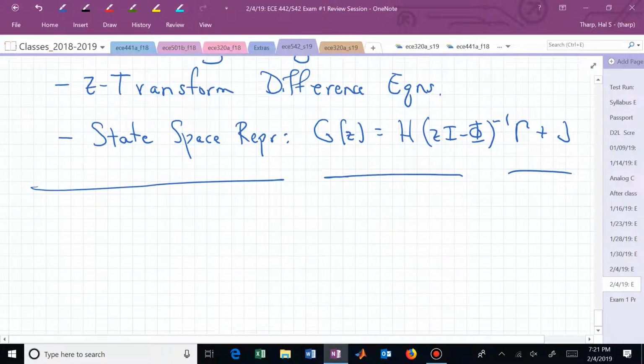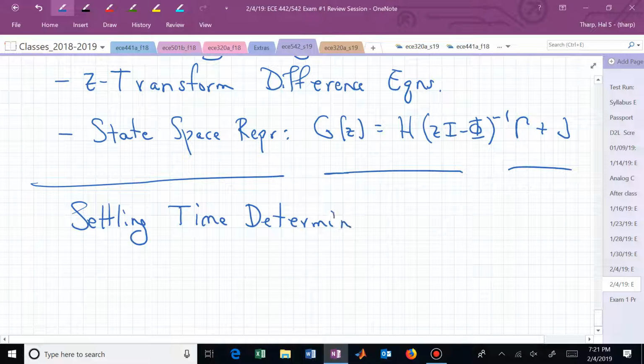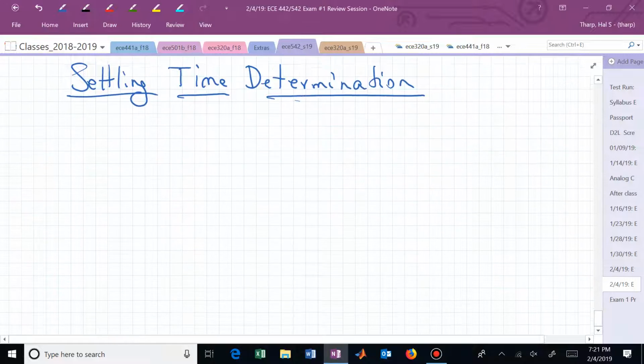I might also give you a problem where you have to do a settling time determination based on discrete time setting.